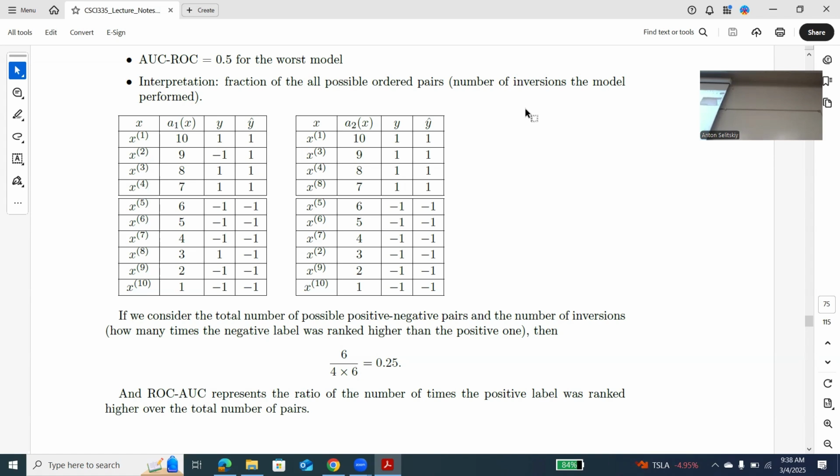Looking at these two models, what can you say? Which model looks better, the first one or the second one?